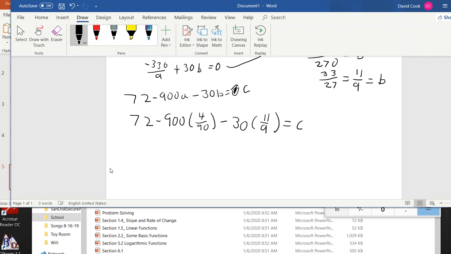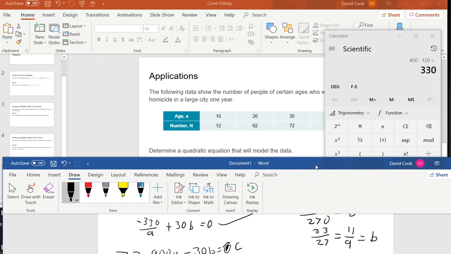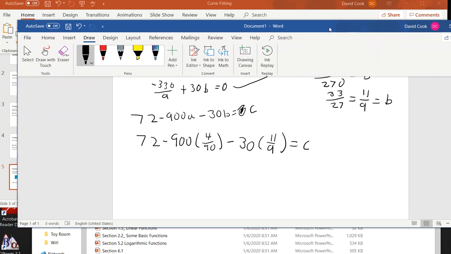If you don't remember from the original problem, at point C, f of x is 72 and x is 30.